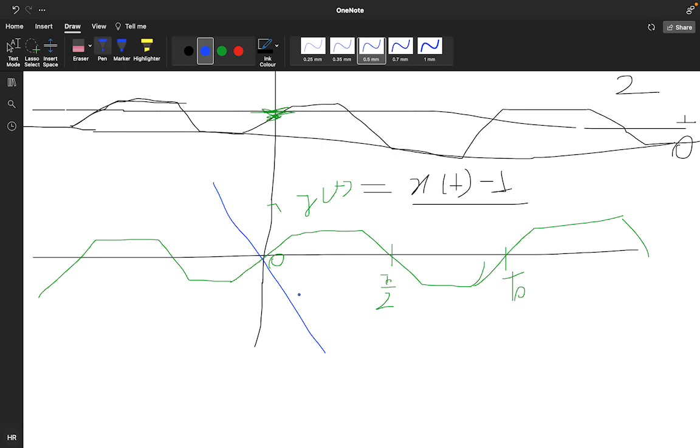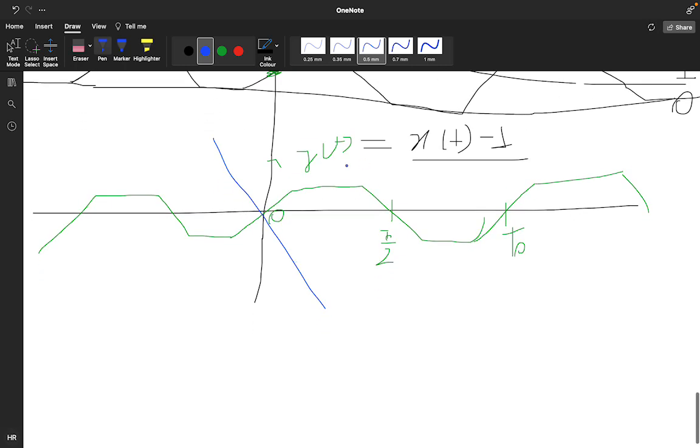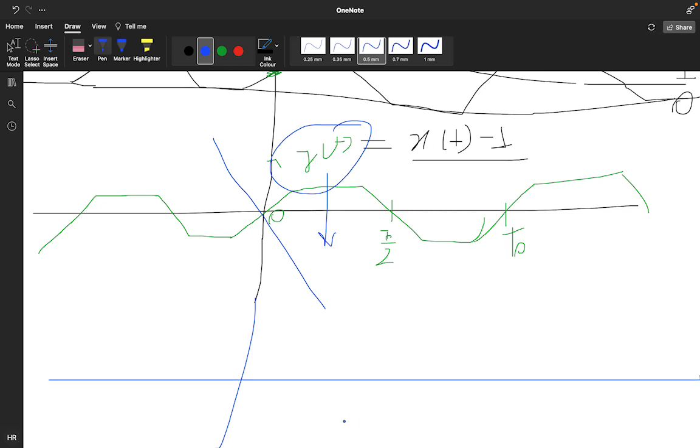It is an odd signal, and when you do y of t plus t naught by 2, it will also have half wave symmetricity. So 0 will come like this, means your graph will become like this.